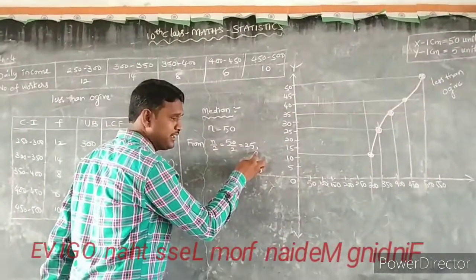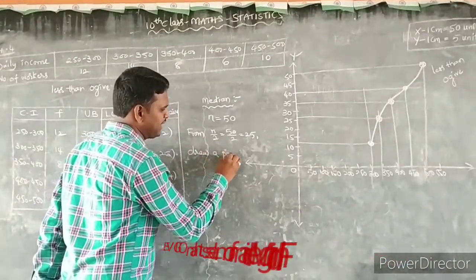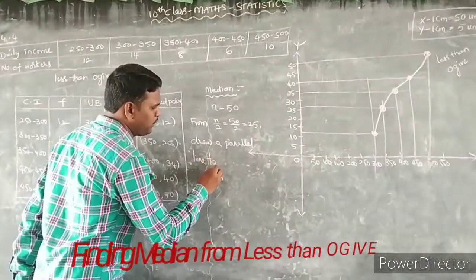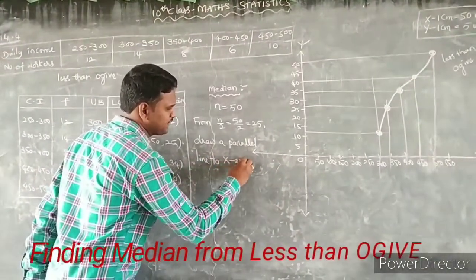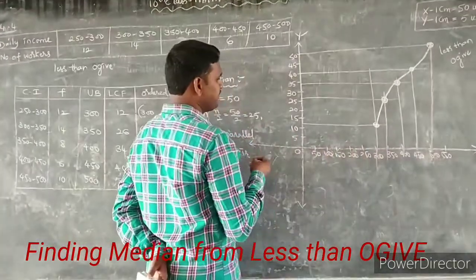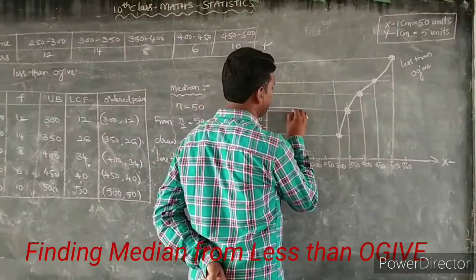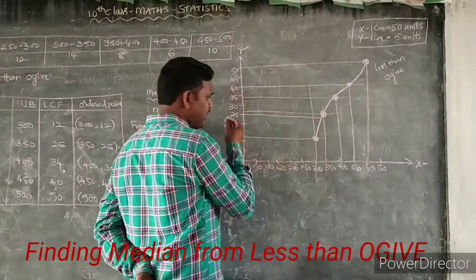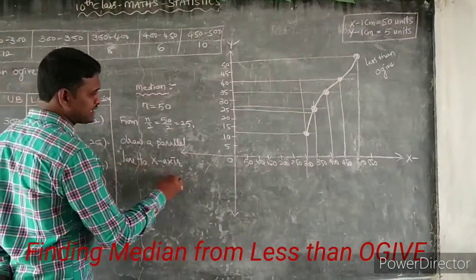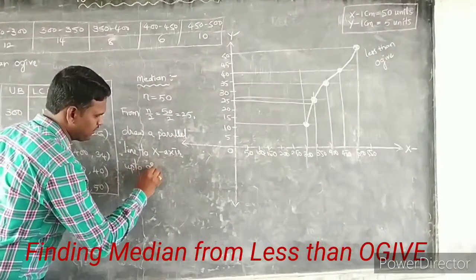From 25, draw a line parallel to the x-axis. This is the x-axis, a horizontal line. From 25, where is 25? Here. From 25, you draw a parallel line to the x-axis, meaning you need to draw a horizontal line, up to the graph.